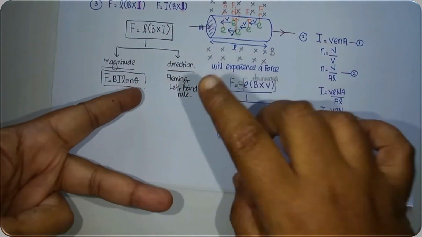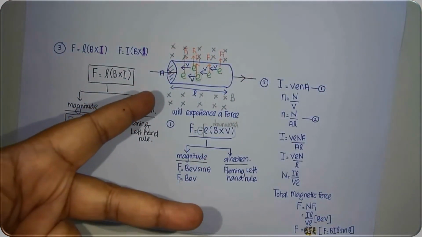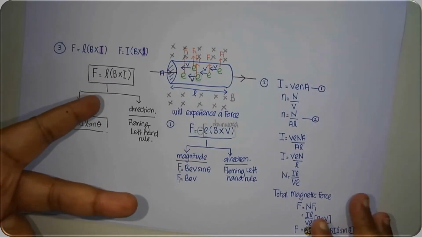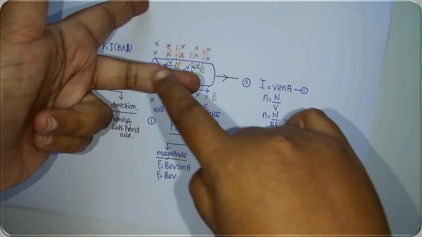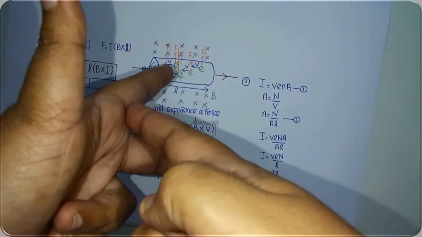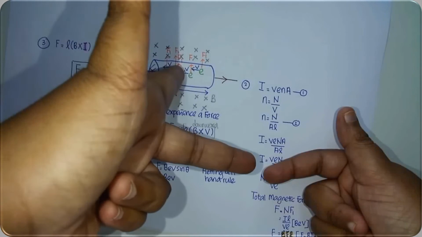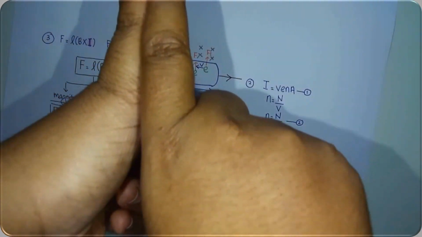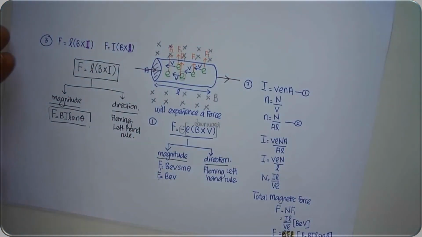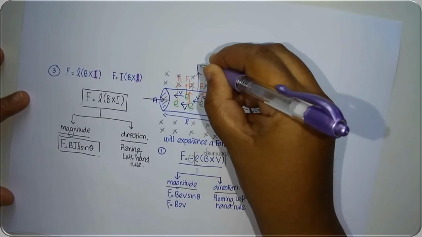Let's use this in this example to determine the direction of the force. The current is in this direction, and the B is into the page. So you will notice that my direction of force is upward.